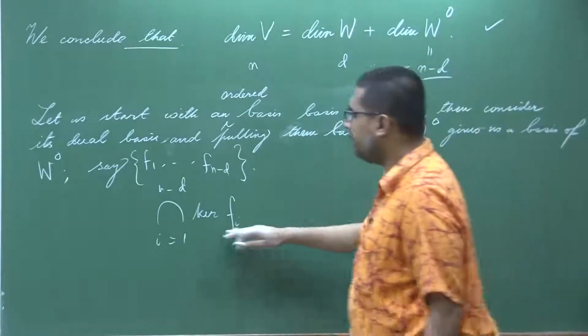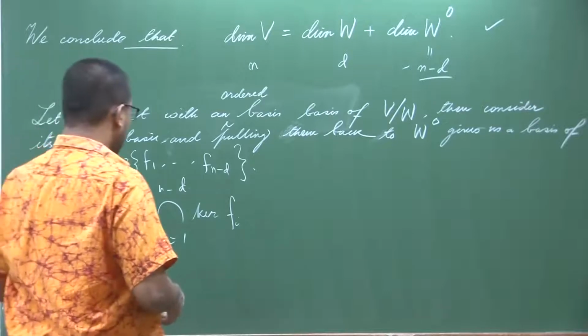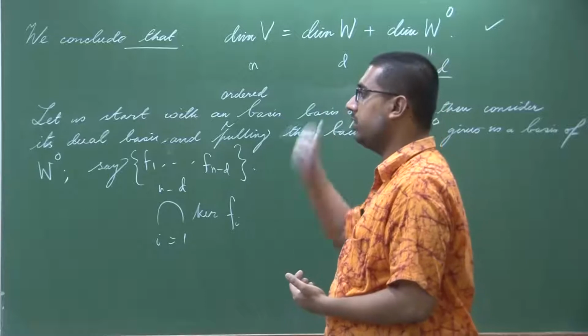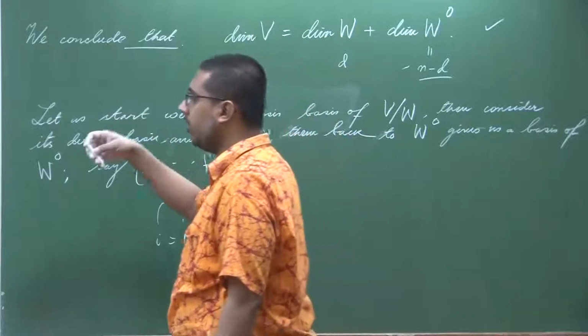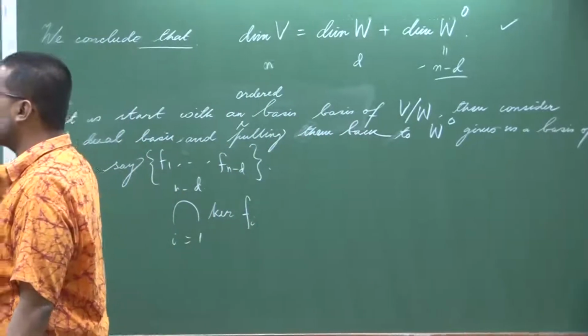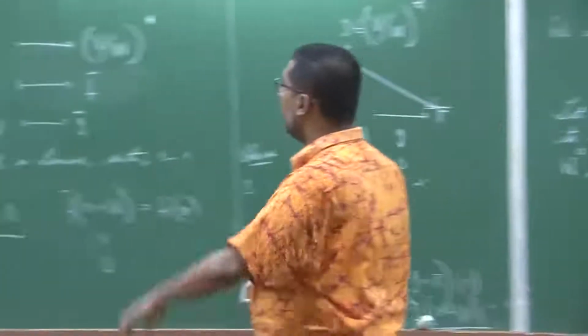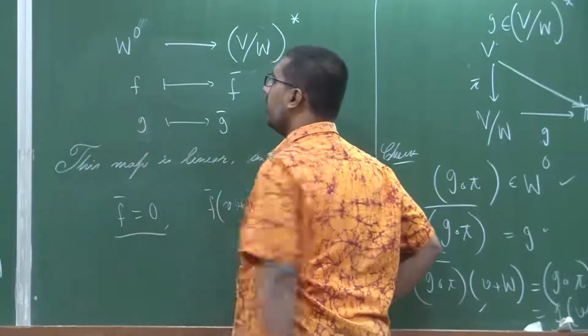So these are all hyperplanes, right, non-zero linear functionals. These are non-zero because they are coming from the basis, from non-zero functionals on V mod W. So in particular they will be non-zero functions on V mod W. So you have to see that a non-zero function on V mod W corresponds to a non-zero member in W naught.